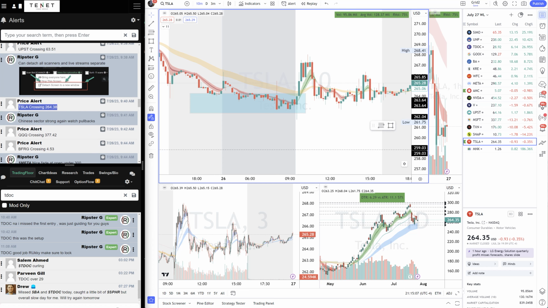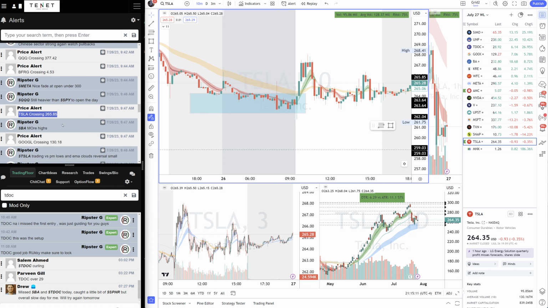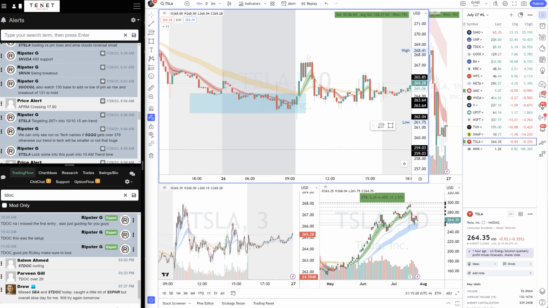Tesla price alert 264, then we pushed to our next resistance 265.85. We were looking for 267. We got almost 268, so almost $3, and risking almost $1 or $1.50. So one risk to two reward trade here.